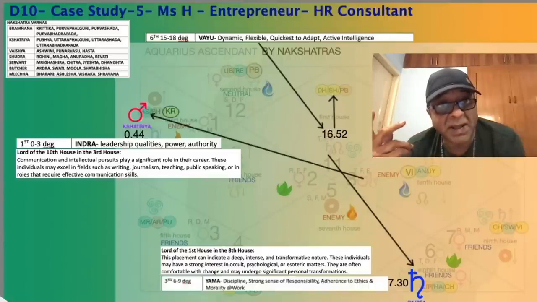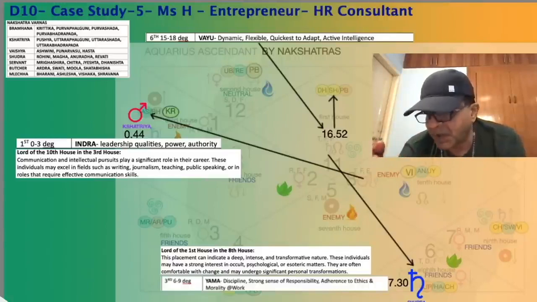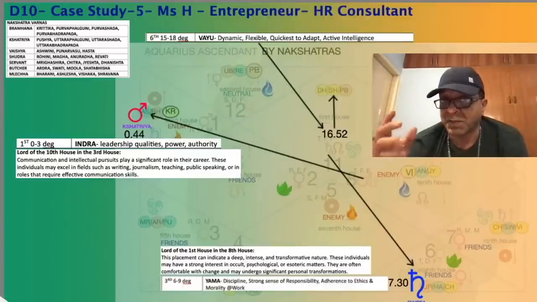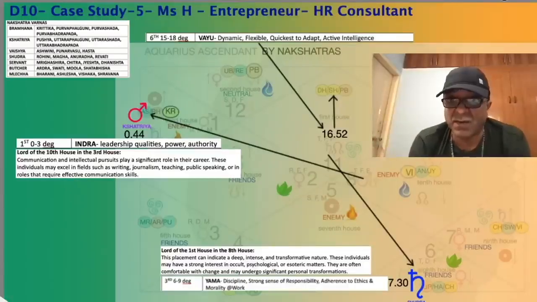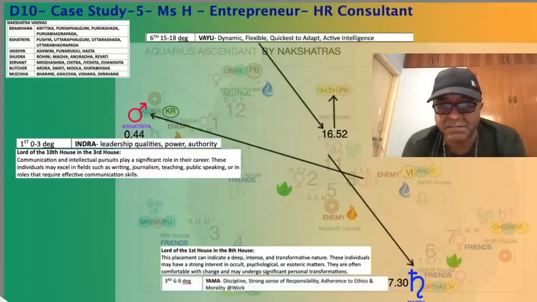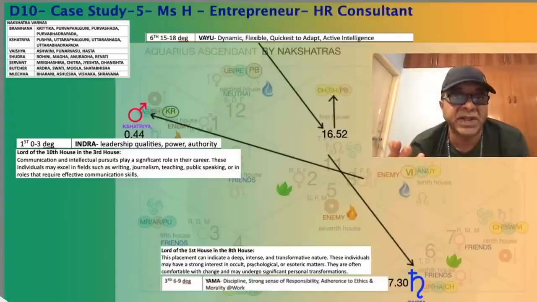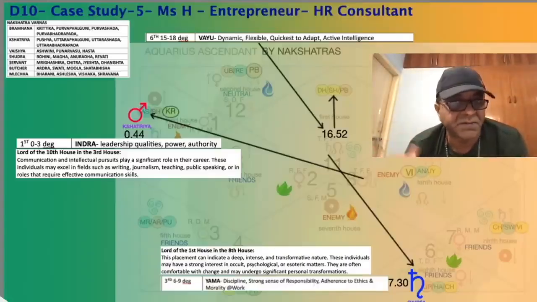It is Yama. It is all about discipline. Yama is about discipline, it is about doing the right things, it is about adherence to ethics and morality at work. This is what HR people have to do, although they don't do it very often, right? We know HR is the most hated department in any company. But if it's in a Yama angle, she will be naturally inclined, especially Saturn will do very well in this angle because Saturn is about doing the right thing for others.